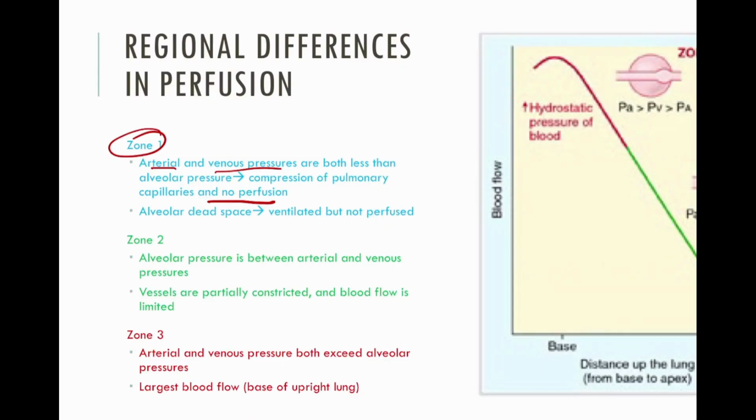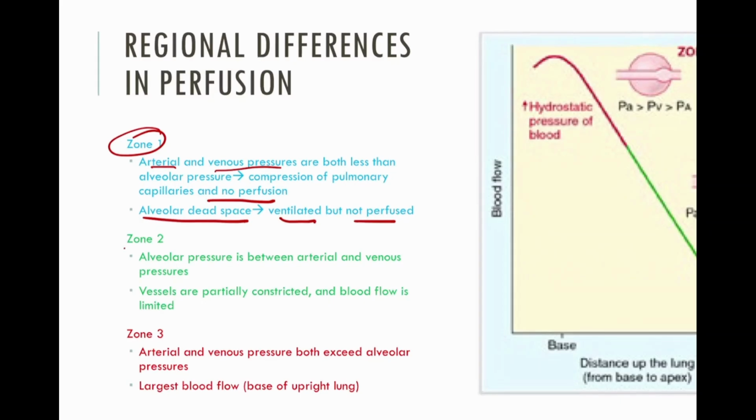We call this alveolar dead space. They're ventilated, but they're not perfused. Air is in there, but because there's no blood in the capillaries nearby, gas exchange will never happen. No O2 exchange, no CO2 exchange, there's no blood. You've got to have both there.